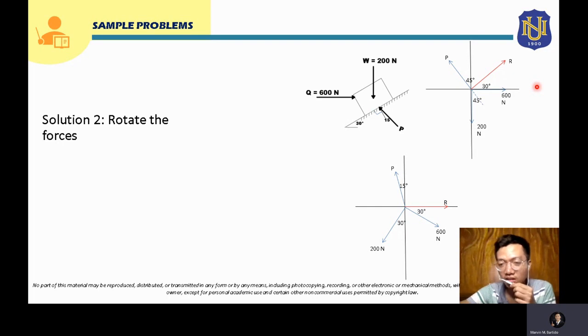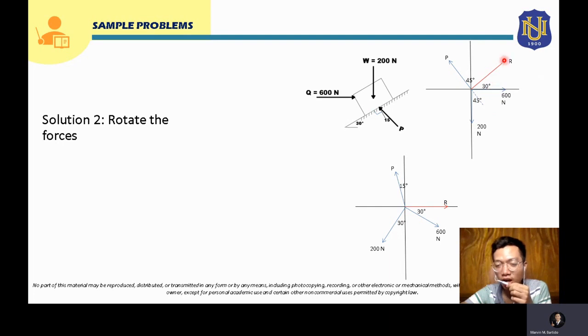So if it is rotated here in the x-axis, the resultant will just be equal to the horizontal component as well. Okay, and again, its vertical component will be 0, so it will be easier.